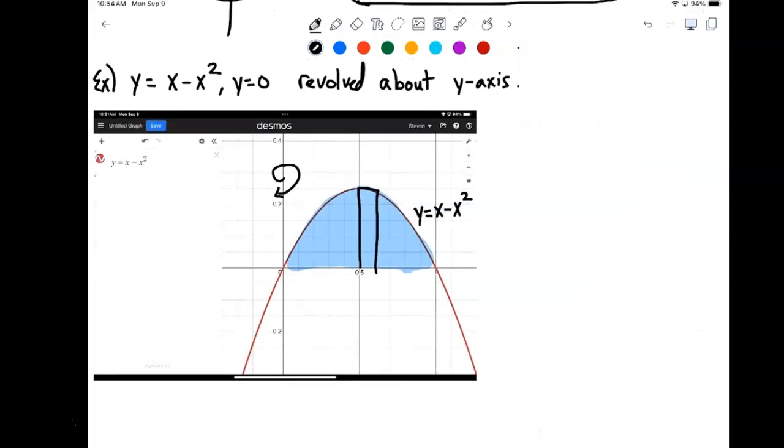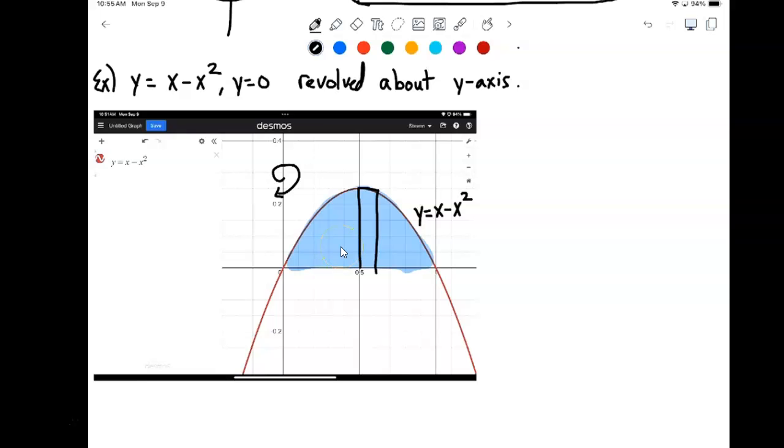Because again, if we tried to do the volume with discs or washers, we would be going horizontal, perpendicular to the axis, and that would require me to do the difference between this part of the parabola and this part, which can be done, but it's pretty rough.